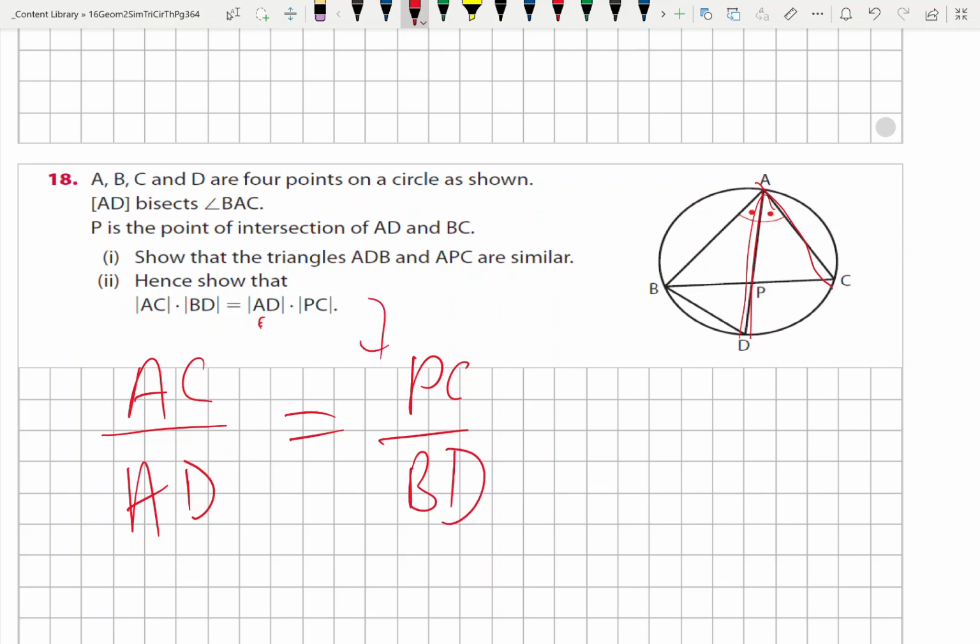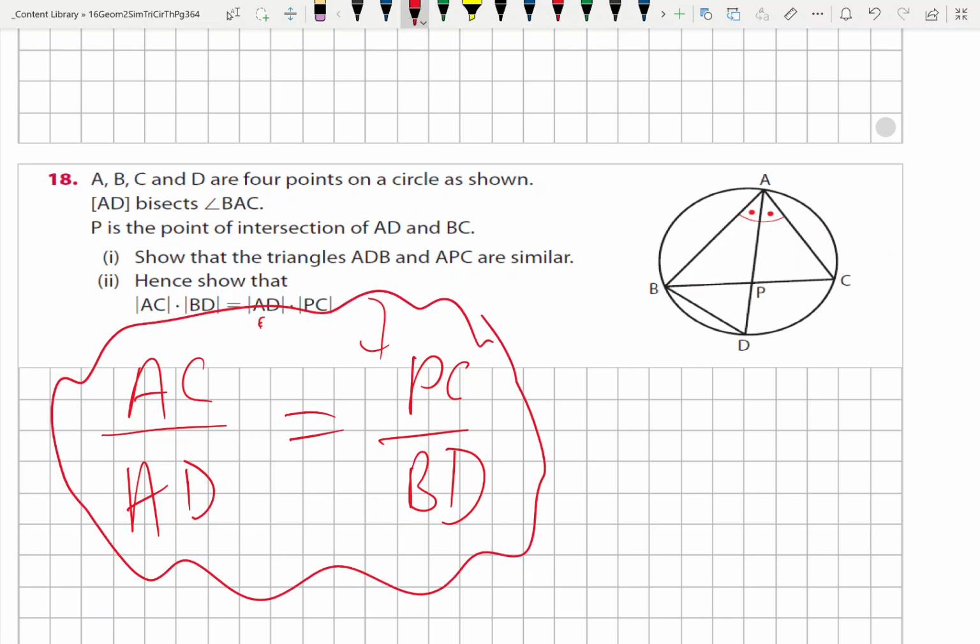So I have to find out what triangle AC is on. It's there. What triangle, and where's AD? A to D is here. So just for a minute, instead of putting AD down there, let's put PC down there and bring the AD up here.